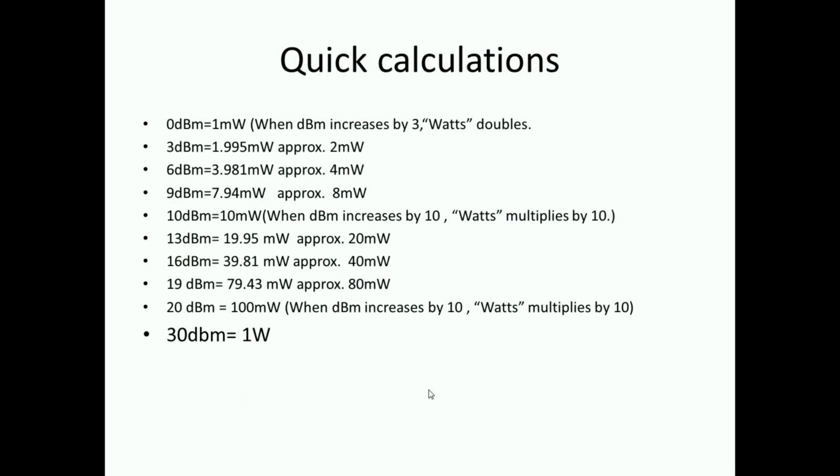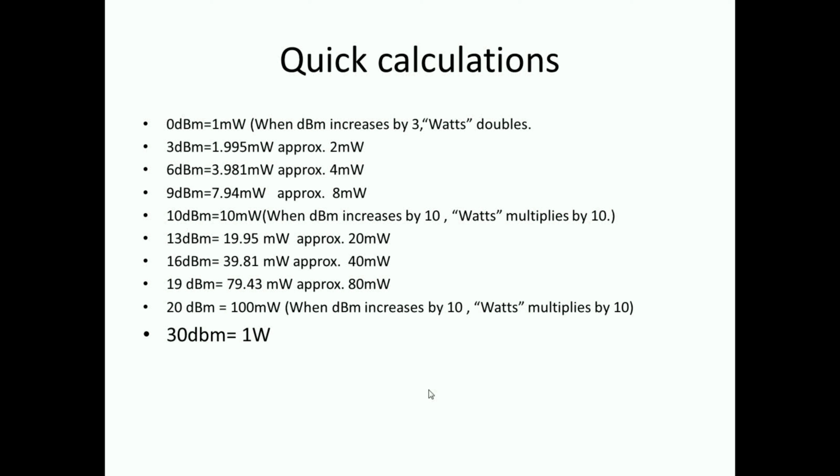So here are some quick calculations on how to convert from dBm to milliwatts. These are some shortcuts. 0 dBm is the standard reference, which is equal to 1 milliwatt, and for every 3 dBm the watts double.